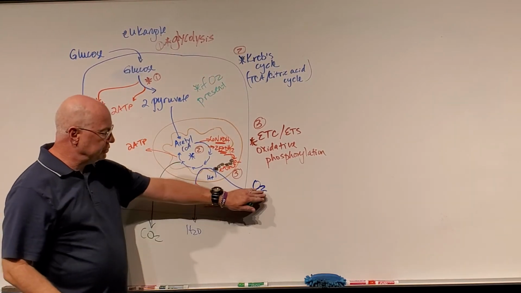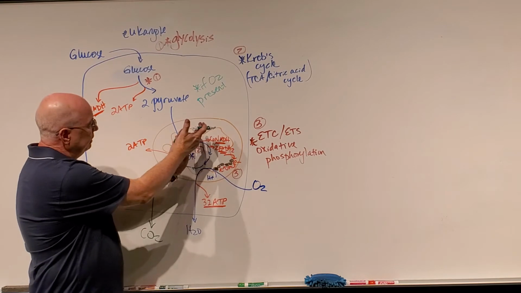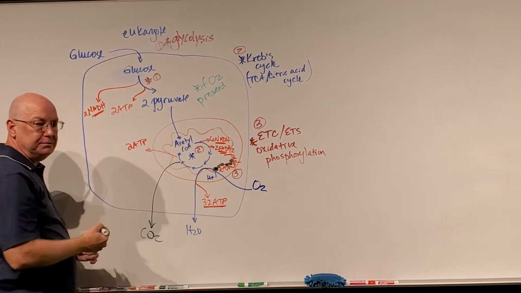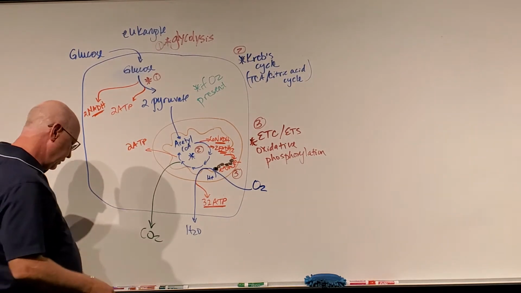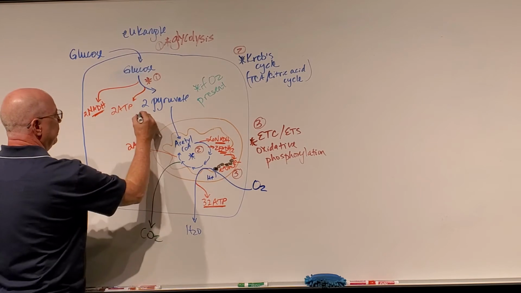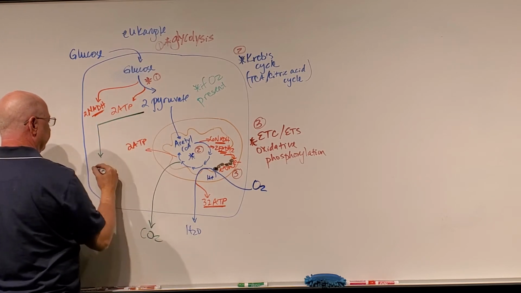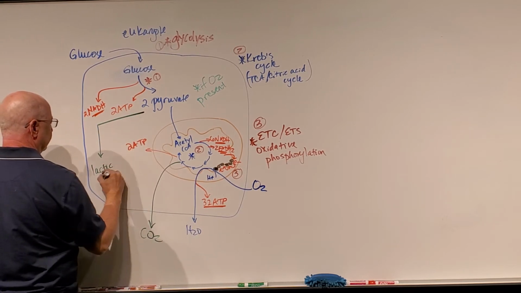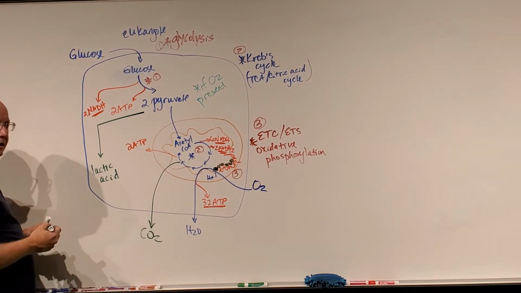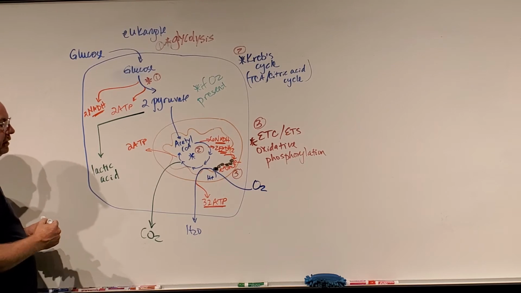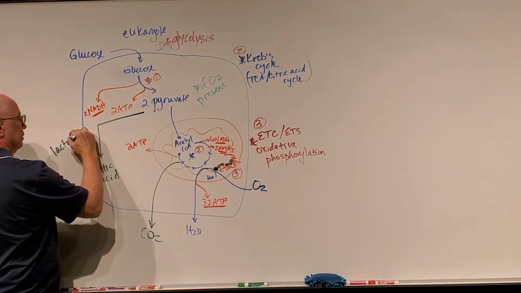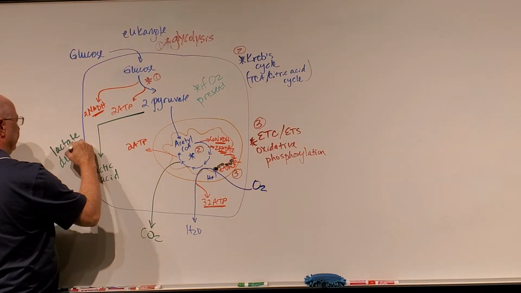But without the oxygen, this backs up, and I stop energy production, and I only get 2 ATP per molecule of glucose. Then the pyruvate gets converted into lactic acid, or lactate. And that's the burn in your muscles. The enzyme that does this is called lactate dehydrogenase.